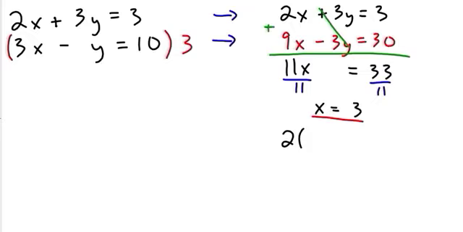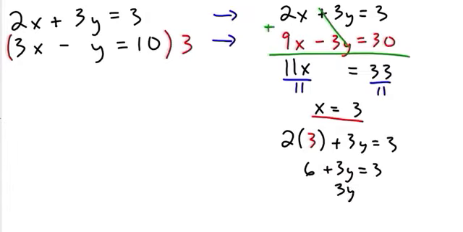So I'm going to say 2, and instead of x, I put in 3. So 2 times 3 plus 3y equals 3, which means 6 plus 3y equals 3. If I subtract 6 from both sides, I get 3y equals negative 3, and dividing by 3, I get my answer that y is negative 1.